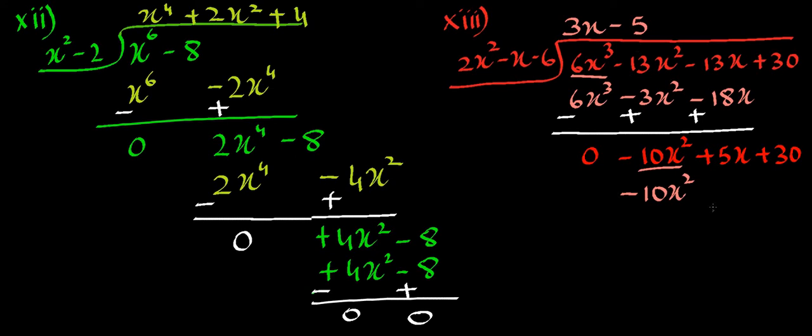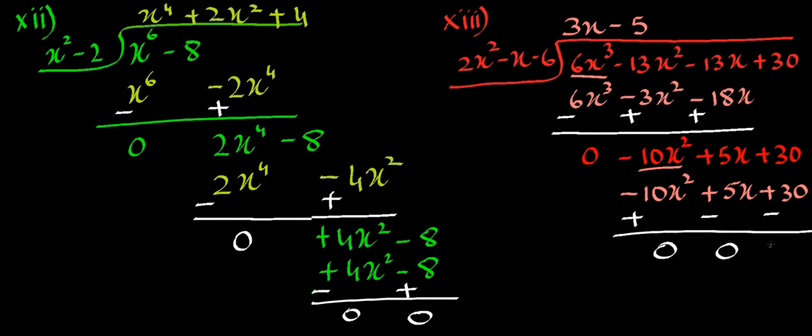Minus 5 multiplied by minus x will give me plus 5x. And minus 5 multiplied by minus 30 will give me plus 30. Subtraction, change of signs, plus, minus, minus. What's the remainder here? 0, 0, 0. Sum completed. My quotient is 3x minus 5.